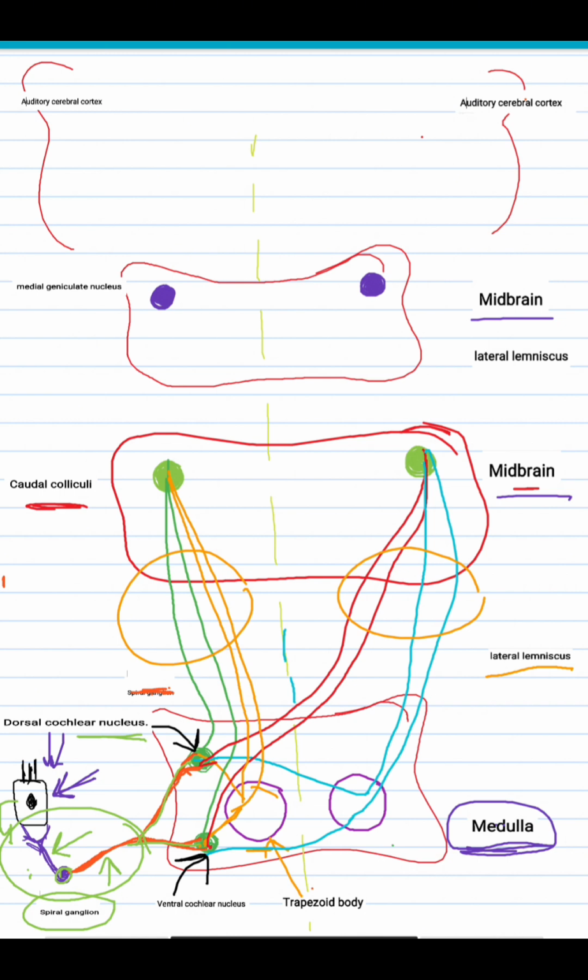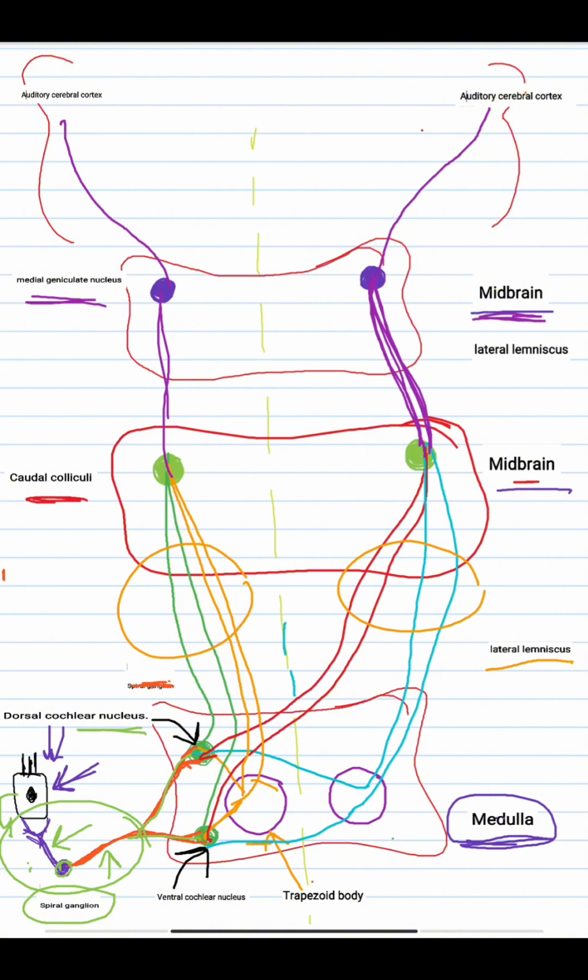The lateral lemniscus journey continues through the midbrain till it reaches what's called the medial geniculate nucleus. And from the midbrain to the brain, the auditory cerebral cortex, which is the last station for the lateral lemniscus.